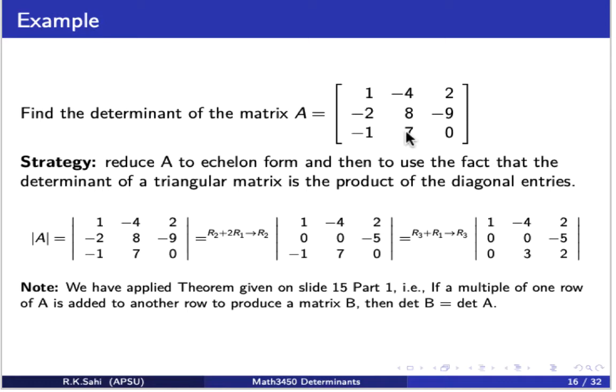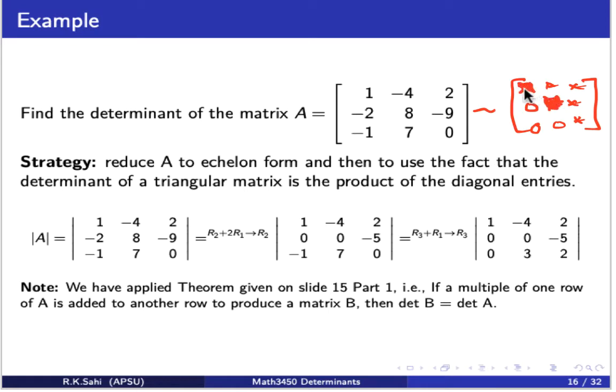Now the best one, if you guys remember, is that if we have a triangular matrix, in other words, if I can write this matrix in this form, with a non-zero element here, and we don't care what these other elements are, anything here, so basically an echelon form.